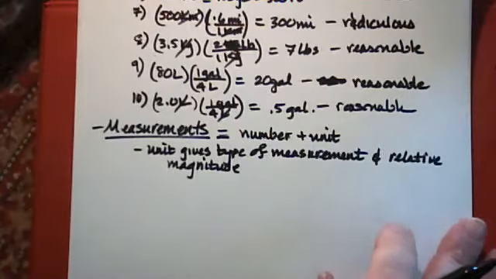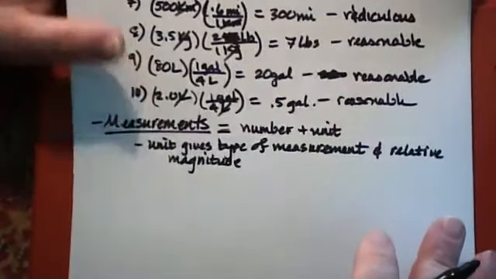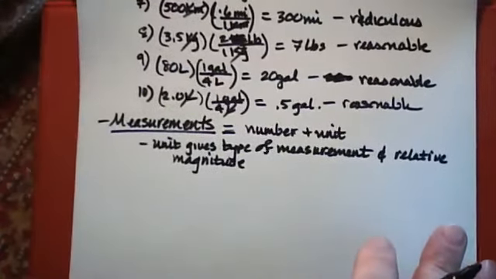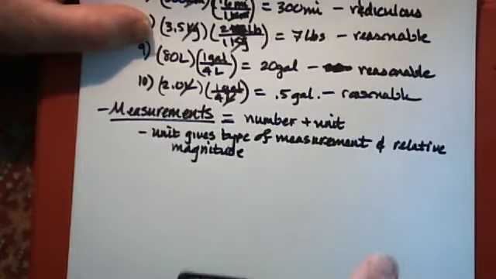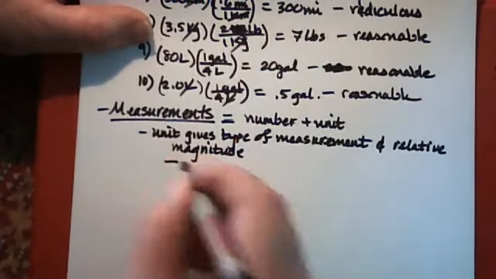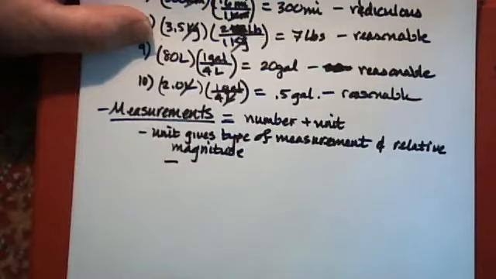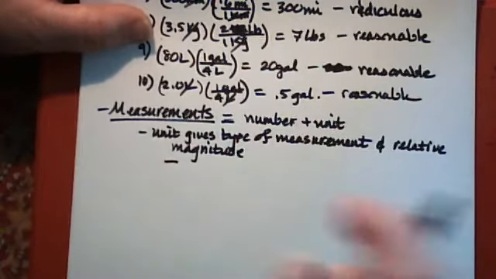If you measure the distance from here to Rochester, you're going to do that in miles, not in inches. You could do it in inches, but you would get a ridiculously big number to go with the unit. So we usually choose a unit that is close to the size of the object or the property that's being measured, so that we end up with a reasonable number.